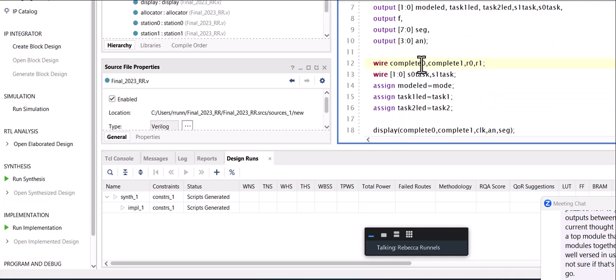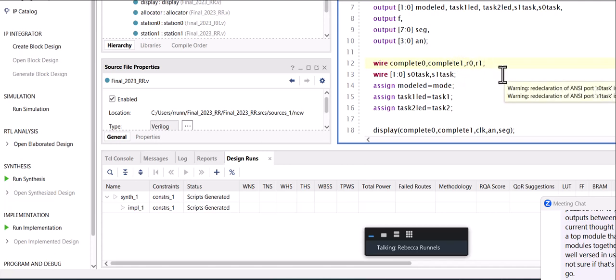For example, complete 0, complete 1. That is the output for the stations. Complete 0 is what I call the output for station 0 to say, hey, I completed something. It's 1 if it completed something, 0 if not. It's an input for the display module because the display module is going to take that and add it to its count if it completed something.